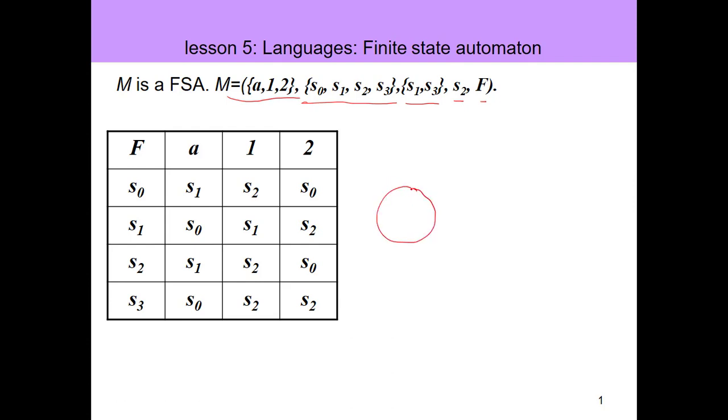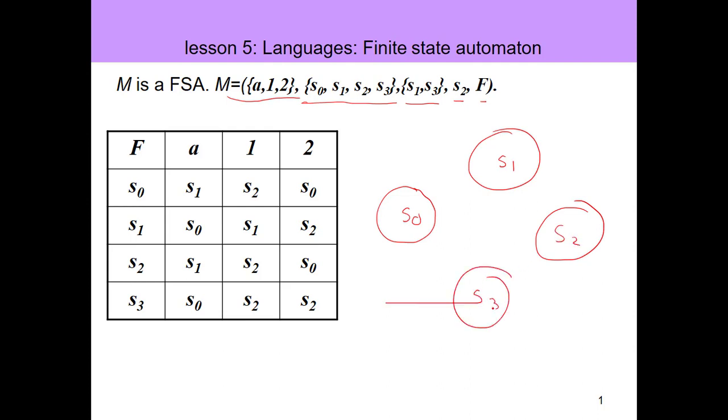So we have 4 states, S0, S1, S2, and S3. Okay, we will start in S2. And then from S2, we'll see what happens. So if we get an A in S2, we will go to S1.